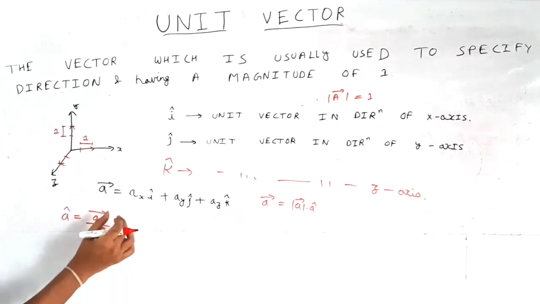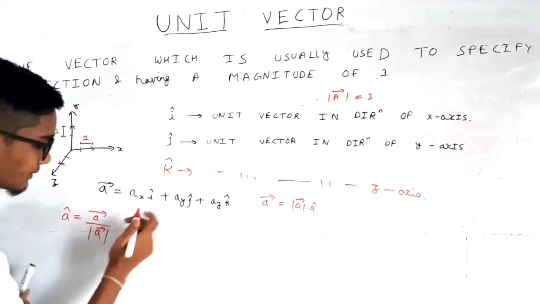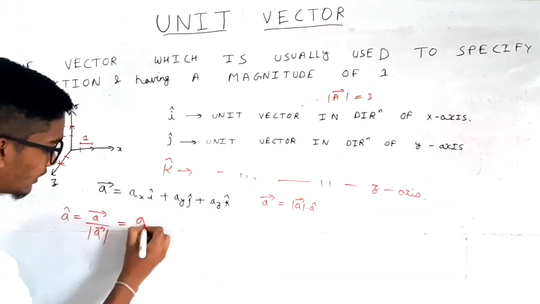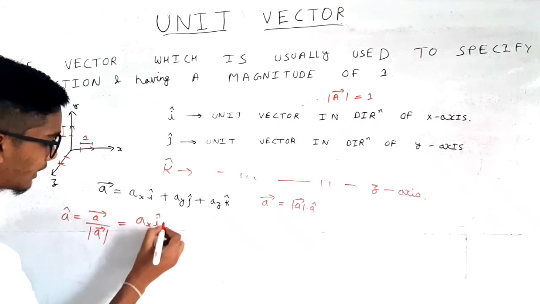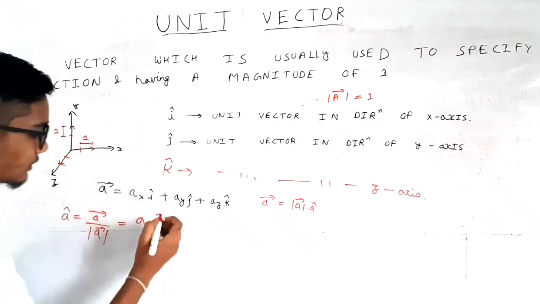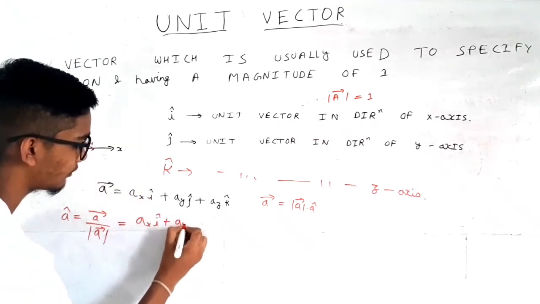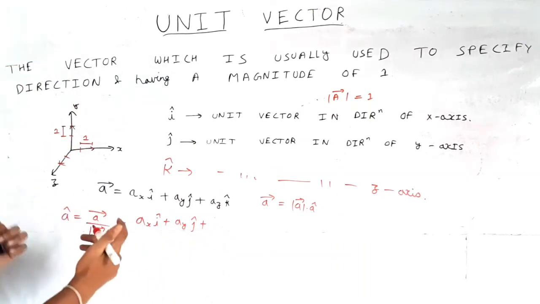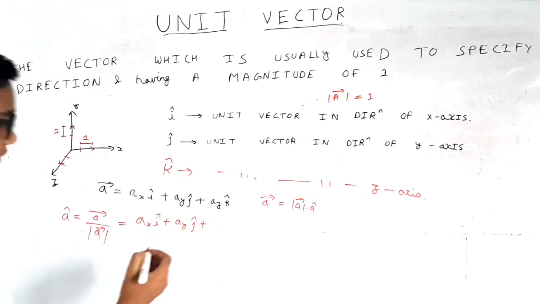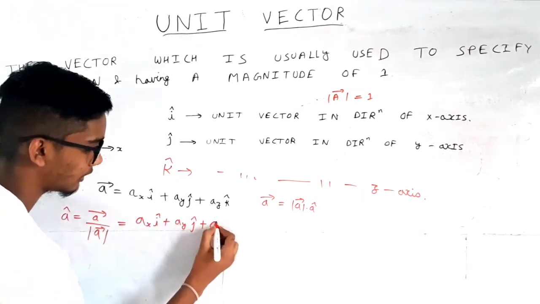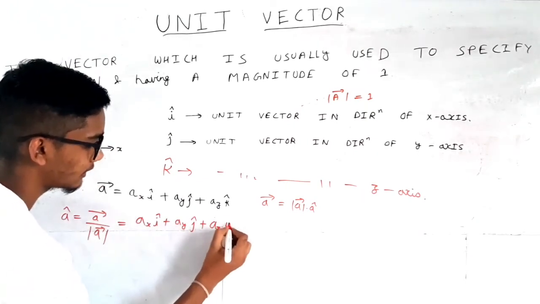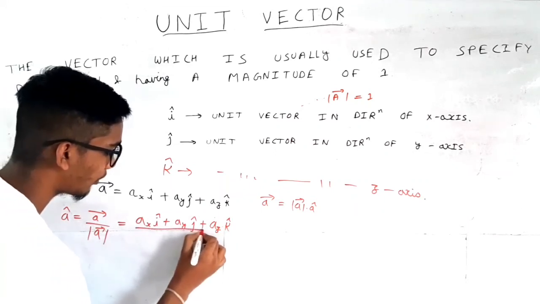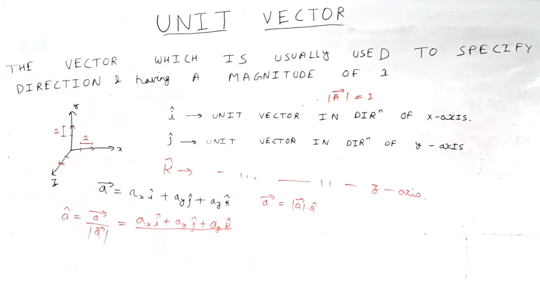So what is this vector A? It is Ax i cap, where i cap means it is going in the x direction, plus Ay j cap, where j cap means it is in the y direction, plus Az k cap, where k cap means it is in the z direction. Then what do we do about the magnitude?